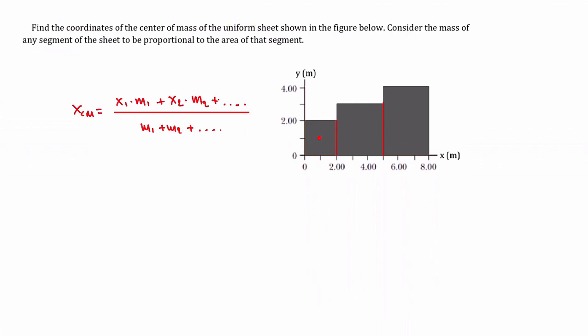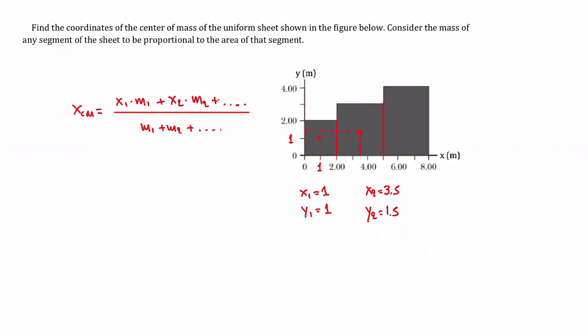So the first position, x1, is 1 meter, and also the y1, the y location of the center of mass, is also 1 meter. For the second square, the center of mass is located exactly at the center of the object, and we can see that the x2 is 3.5, and the y2 is 1.5.